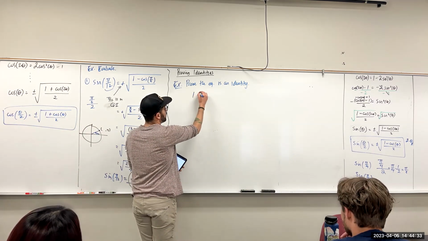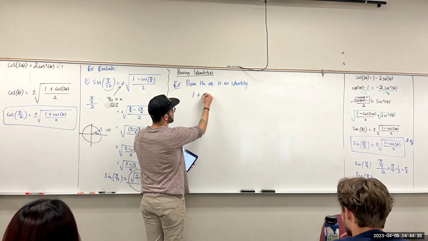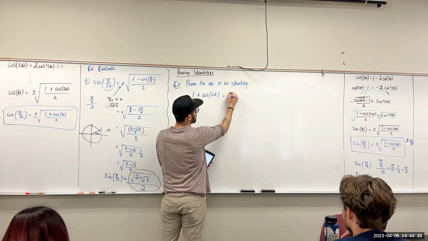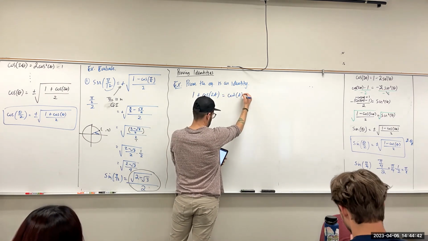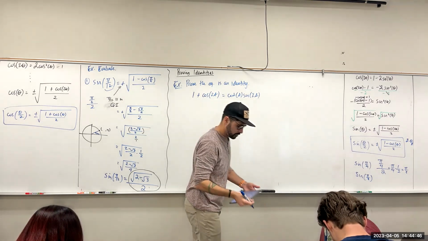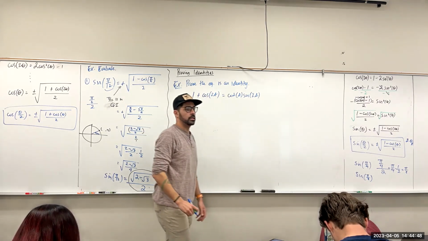I want to prove that the left-hand side, which in this case is cosine of 2a, equals cotangent a times sine of 2a.